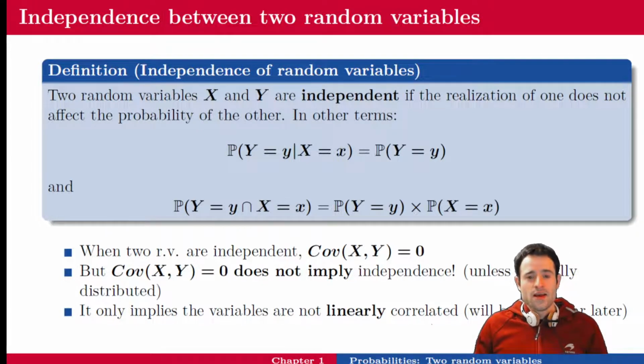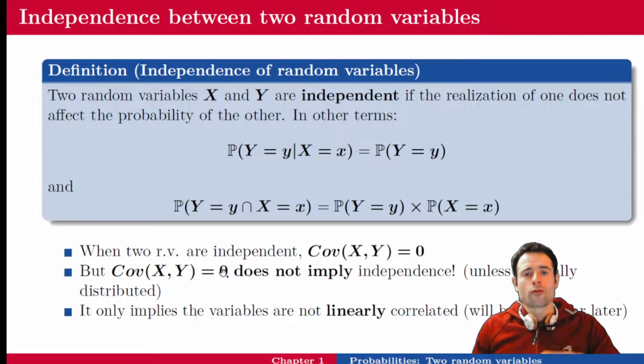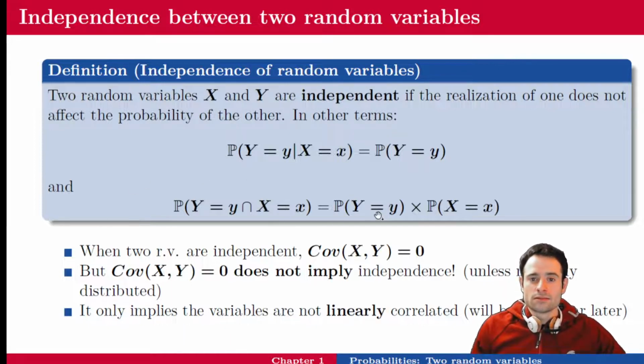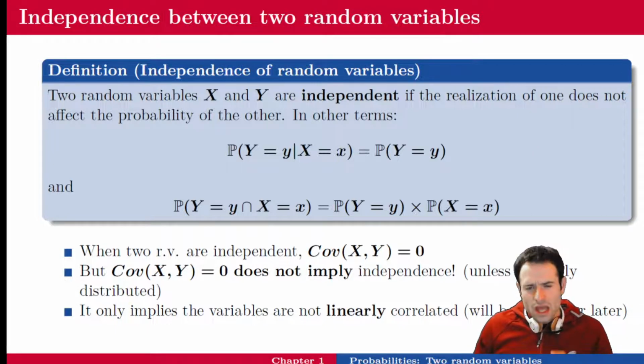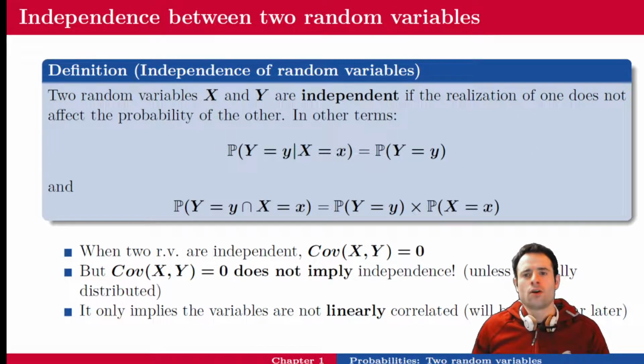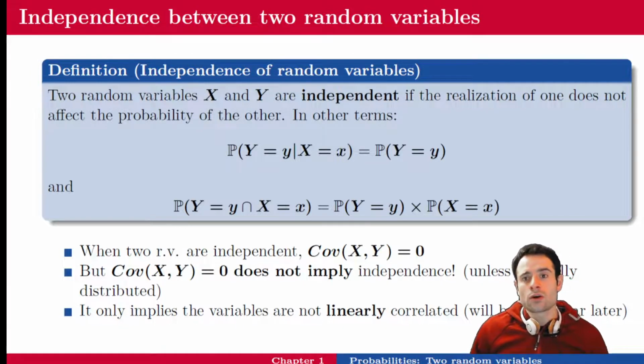In this case, their covariance is 0 and their correlation will be 0 because the formulas would not capture this non-linear relationship. However, they would not be independent. It's just that they are not correlated in a linear way. And this is something I will come back to later on once we talk about regressions. So that will be either in 2 weeks or 3 weeks.